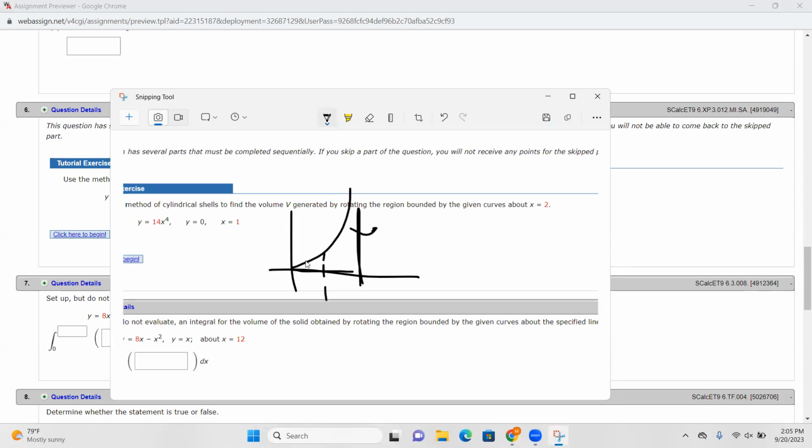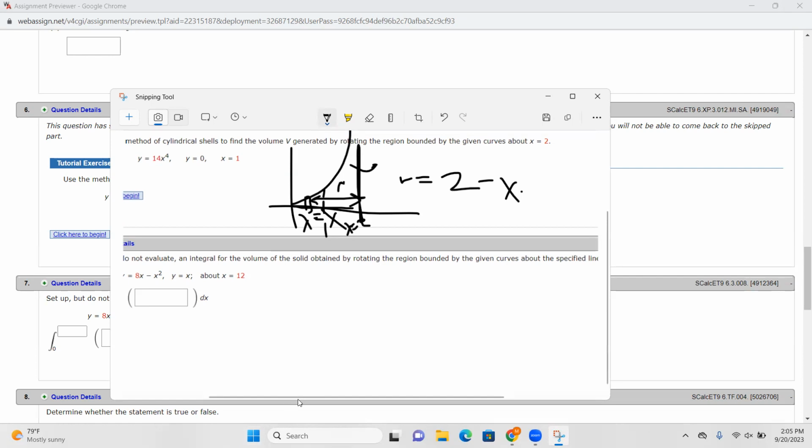So be careful here. There is our rectangle, and our radius is going to be here. So the big one is x equals 2, and the little one is x equals x. So the radius here is going to be 2 minus x, big one minus little one, to find that horizontal measure of r.